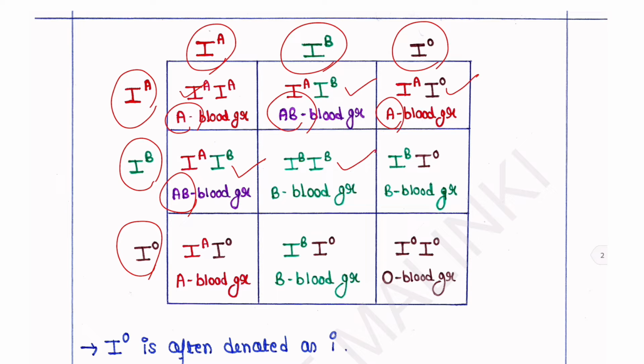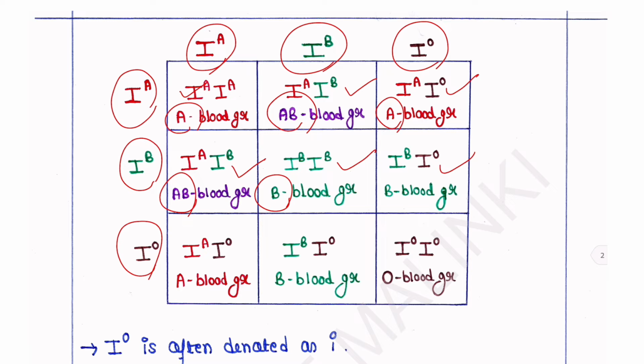In this case, IB and IB alleles are there. That means only B molecules or B proteins will be produced on the RBC surface, and they give rise to B blood group here. In this case, IB and IO alleles are here.